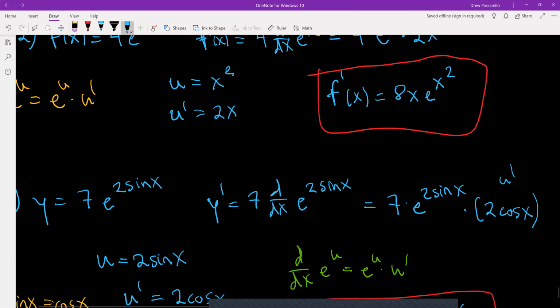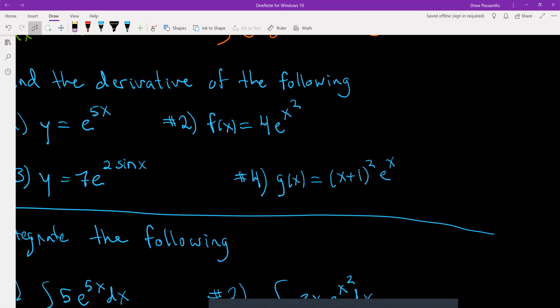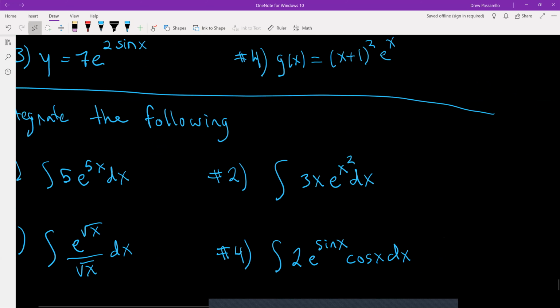All right, and then the fourth one is g of x equal to x plus 1 squared, and then e to the x.